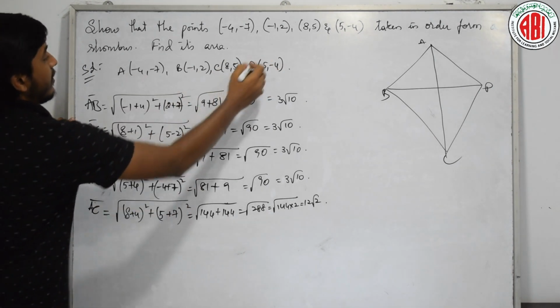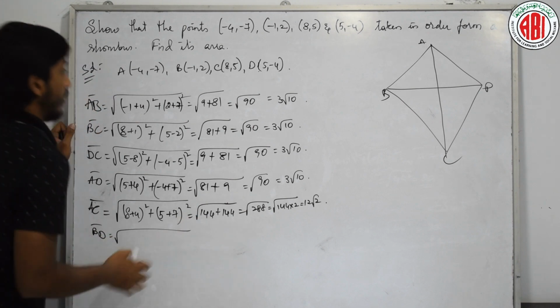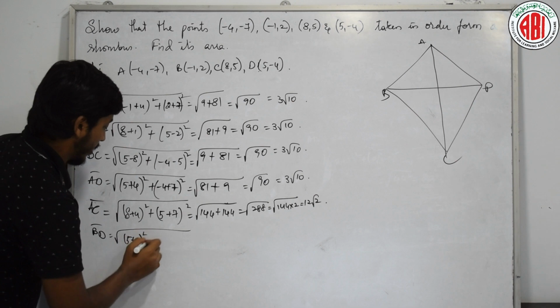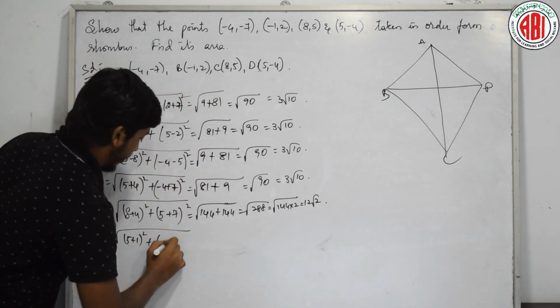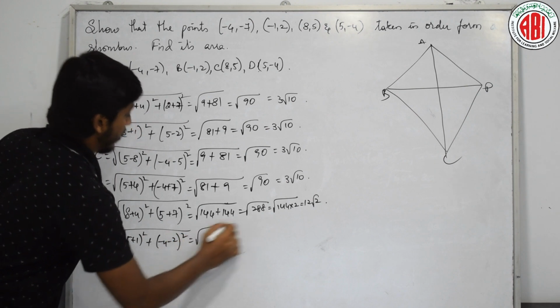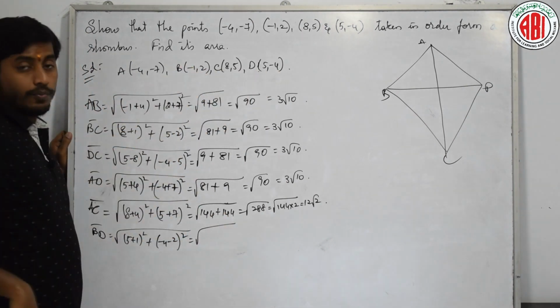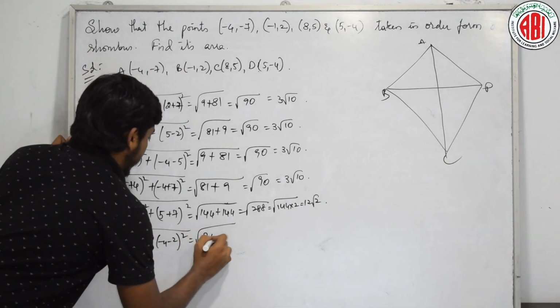Okay. Next क्या है? BD. This is BD. (5 + 1) whole square plus (-4 - 2) whole square. Is that right? 5 plus 1 क्या है? 6 square 36.